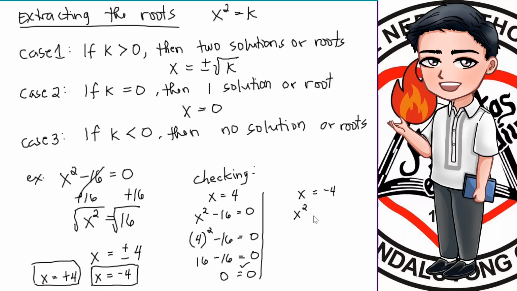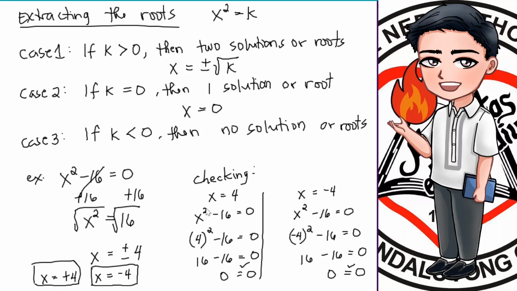Same, x squared minus 16 equals 0. Substituting negative 4 to our x, it's negative 4 squared minus 16 equals 0. Negative 4 squared will give us 16, minus 16 equals 0. So 16 minus 16 is 0 equals 0.